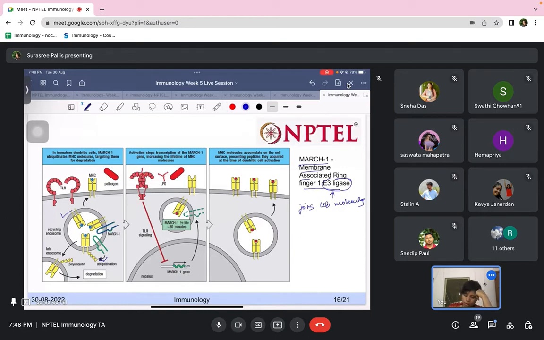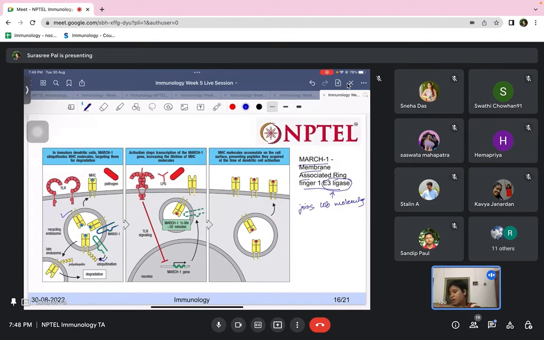But what happens is that when there is an infection, this March1 E3 ligase pathway is shut down. What do I mean by shutdown? Usually the expression of the March1 ligase is reduced or blocked.